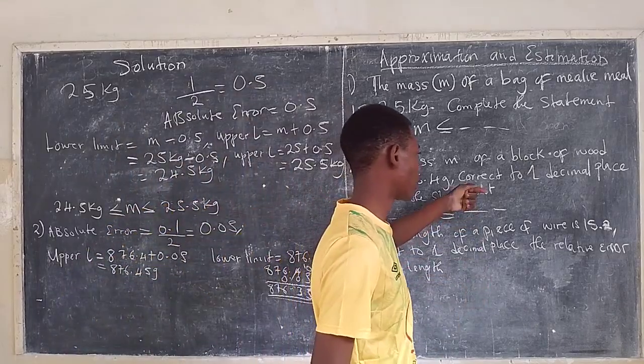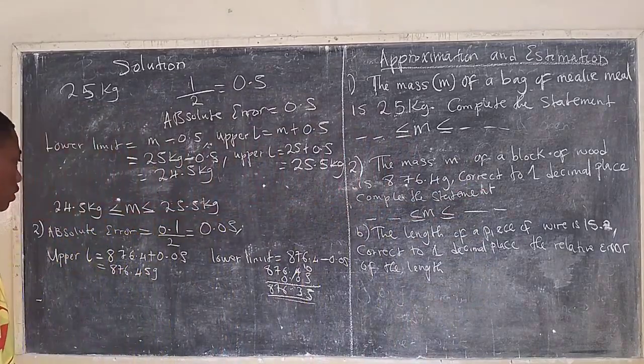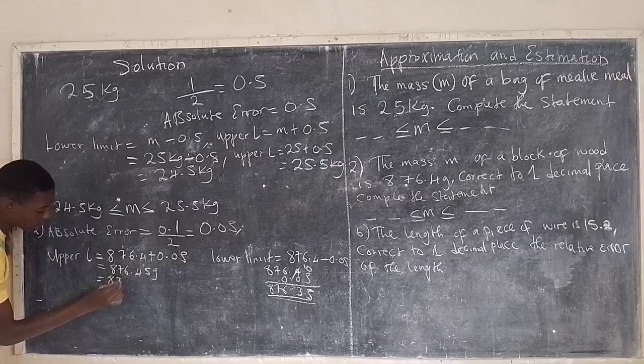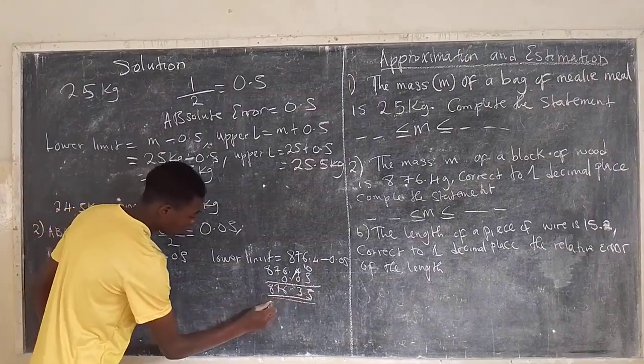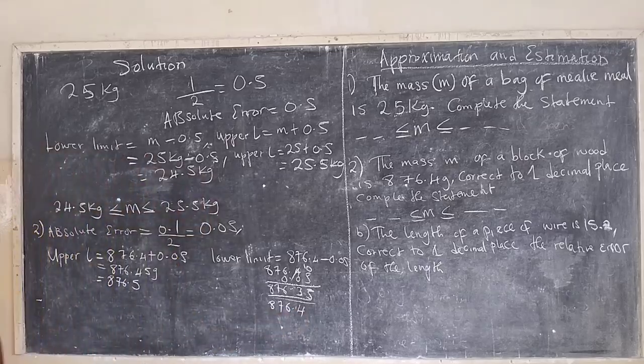We have been told to say correct to one decimal place. So to correct this to one decimal place, it means here there is a 4 or a 5, so we are going to add 1. So the upper limit should be 876 point, when we add 1, we have the 5 here, 876.5 grams.